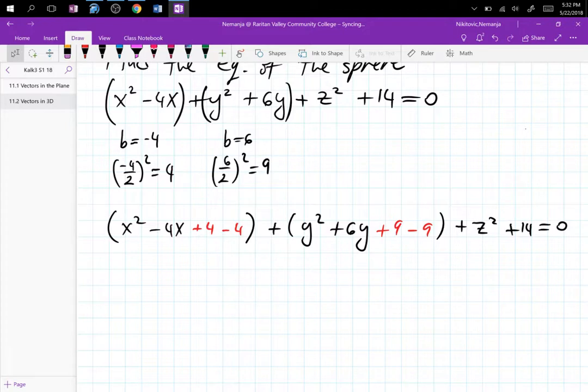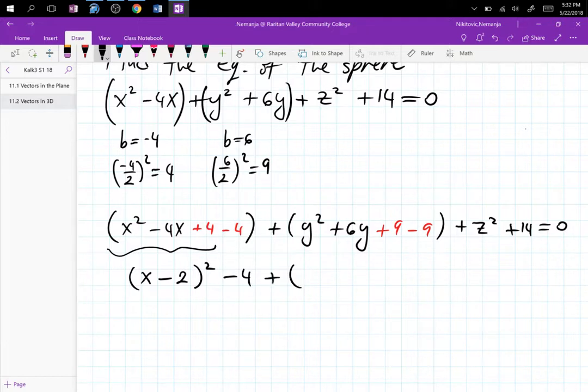So now complete the square. The first 3 will give us x minus 2 squared: square root of the first, sign of the second, square root of the third, squared. And then we have minus 4, that's a leftover.